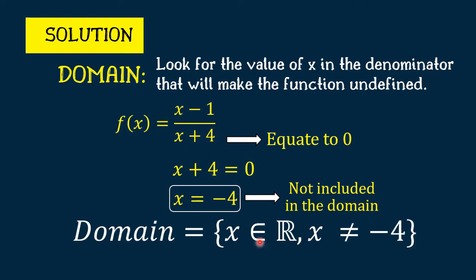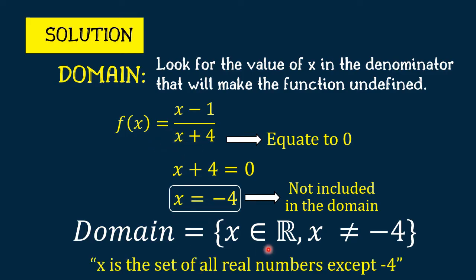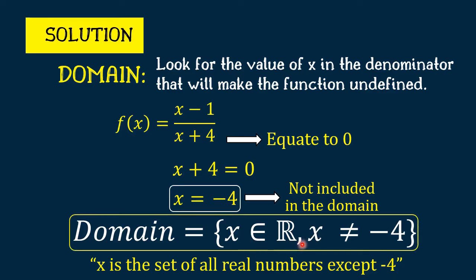Therefore, we can conclude that the domain of this rational function is x is the set of all real numbers except -4, because -4 will make the function undefined. So again, the domain of this rational function are all real numbers except for -4, and it is written in the set builder notation.